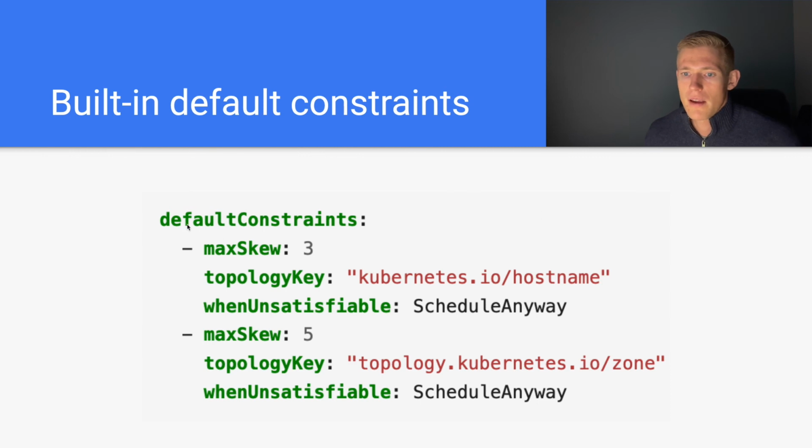It is a soft consideration, but it shouldn't be a hard consideration by default unless the user specifies otherwise. And the same goes with zones. In this case, the skew is slightly larger, again, to give more room for error. And again, it's a soft rule, not a hard rule.